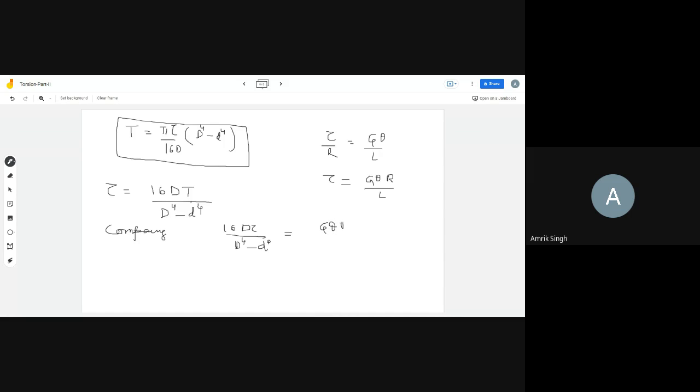This R you can write as d by 2. So this d will go, right? So you will be having G theta over L is equal to 32.